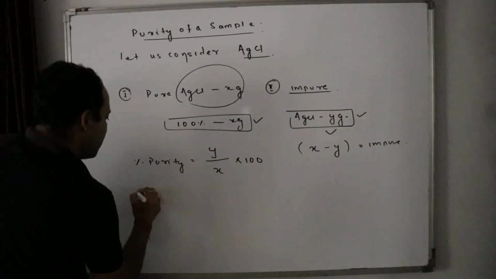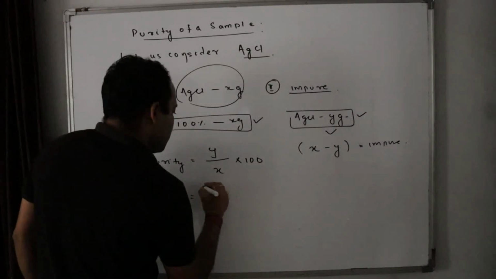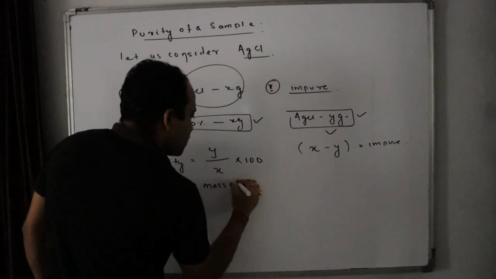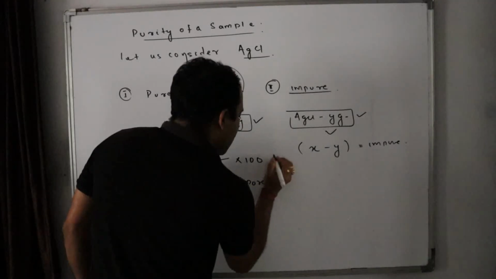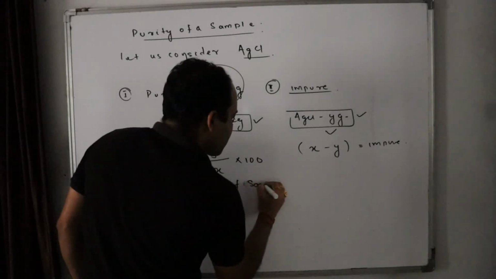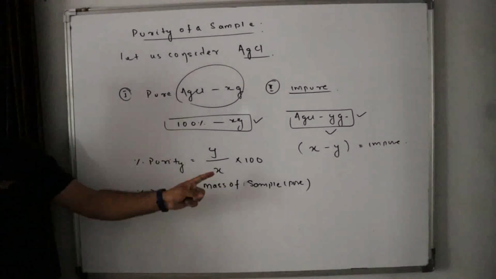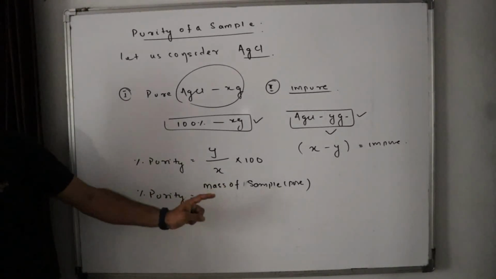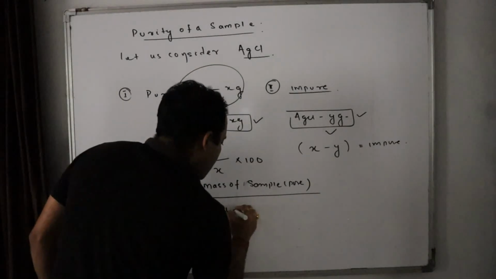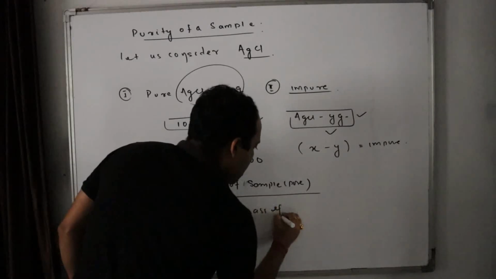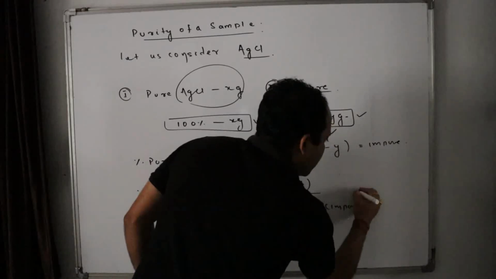Or rather, percentage of purity equals mass of pure compound divided by total mass of sample, which is the impure one, into 100.